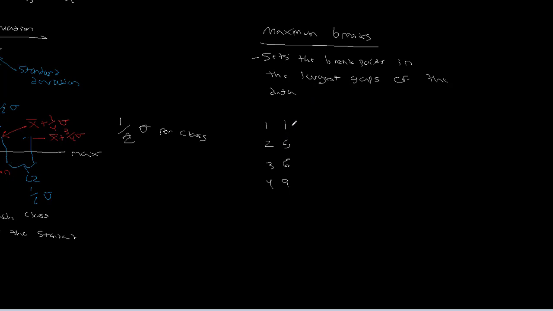The gap between 1 and 5 is going to be 5 minus 1 equals 4. The gap between 5 and 6 is going to be 6 minus 5 equals 1. And then the gap between 6 and 9 is going to be 9 minus 6 equals 3.